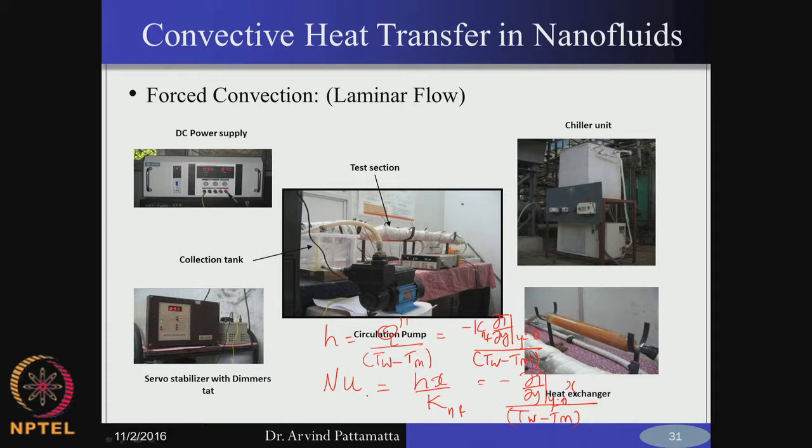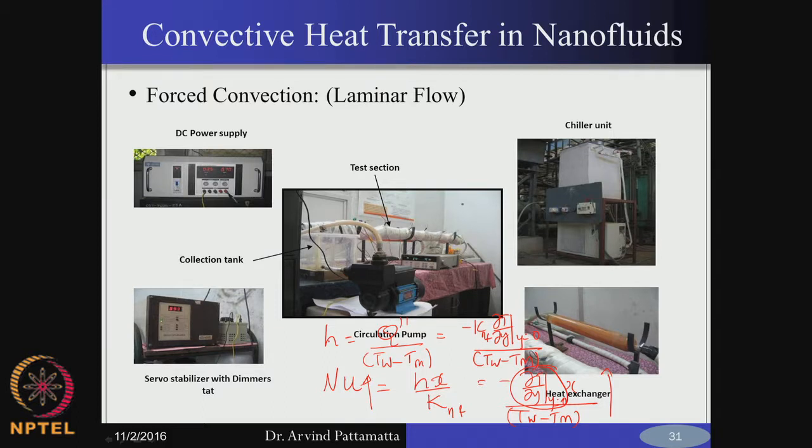So that means any increase in the Nusselt number, if you replace the base fluid with the nano fluid, should be purely because of increase in the temperature gradient and not because of increase in the thermal conductivity, okay.